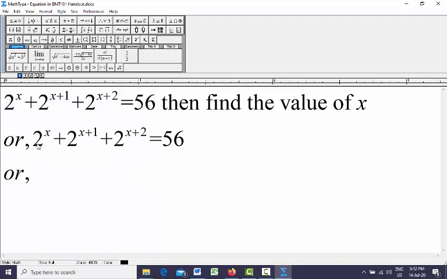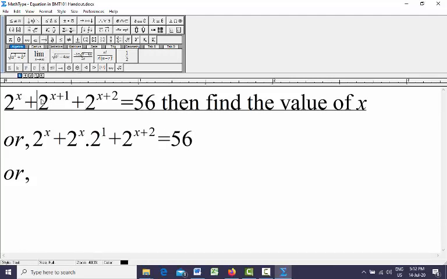So now as you can see, all the bases are 2. So we can write it this way, because here 2 to the power x plus 1 can be written as 2 to the power x multiplied by 2 to the power 1, because in both cases the base is 2, and in between we are doing multiplication.